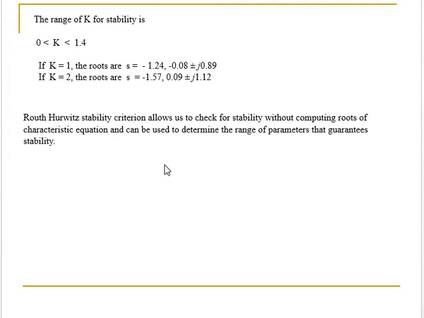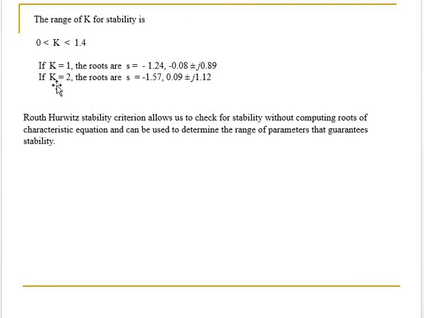If for example you choose K equal to 1, then you get a root, s equal to minus 1.24, and then the complex roots minus 0.0x plus or minus j0.x9.